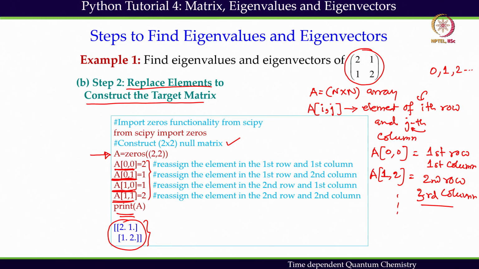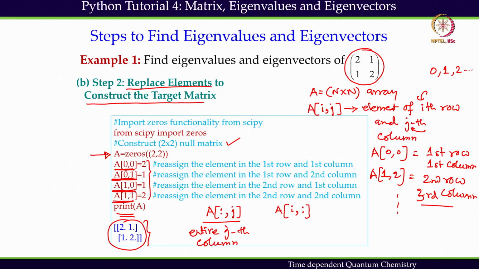On this note, I will just mention one thing, that if I write down A, colon, then comma j, or if I write down A i comma colon, it means that this will return me the entire jth column.